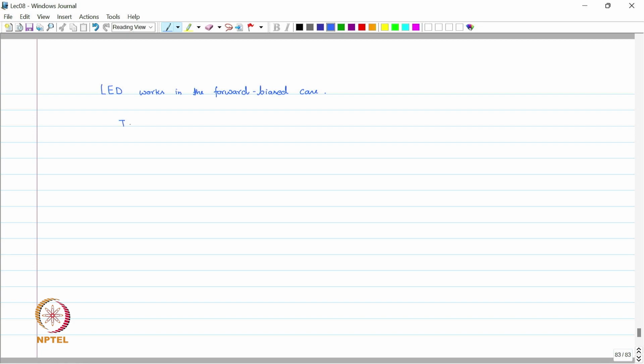The carriers diffuse to the other side of the junction, where they can combine quickly.